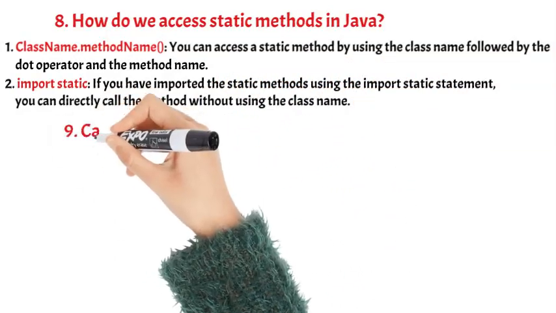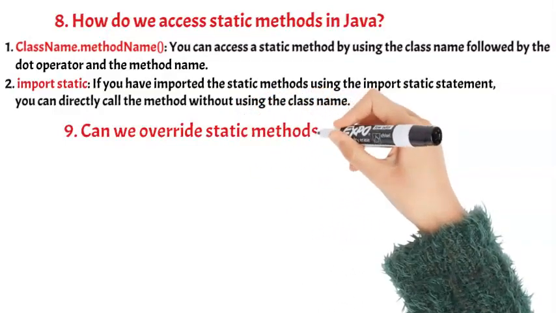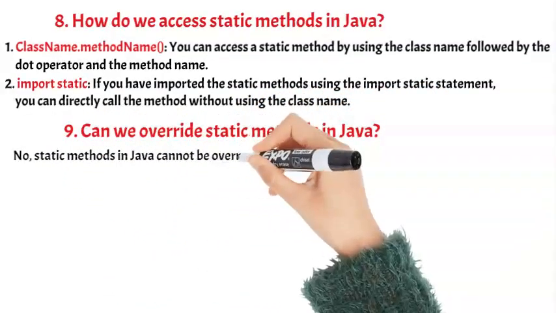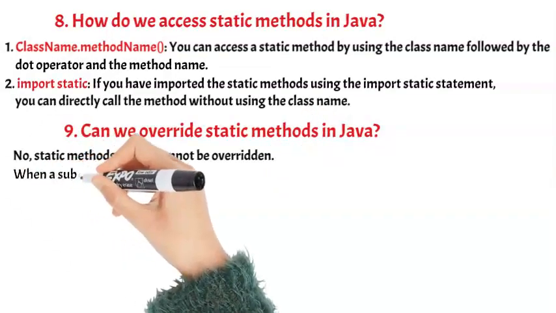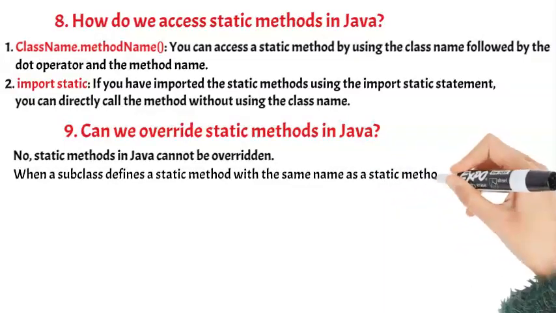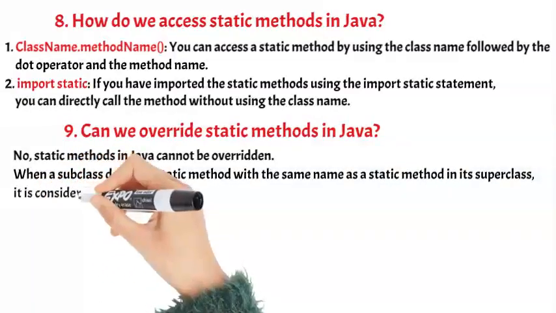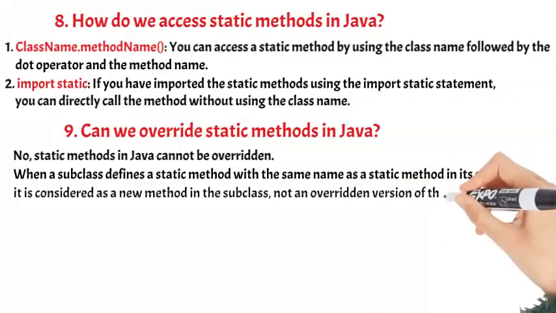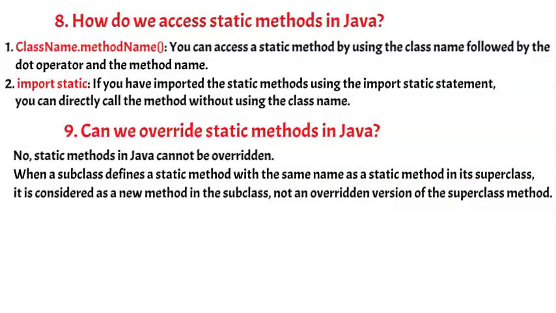9. Can we override static methods in Java? No, static methods in Java cannot be overridden. When a subclass defines a static method with the same name as a static method in its superclass, it is considered as a new method in the subclass, not an overridden version of the superclass method.